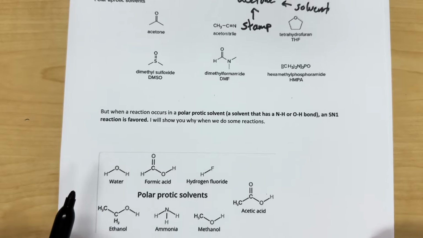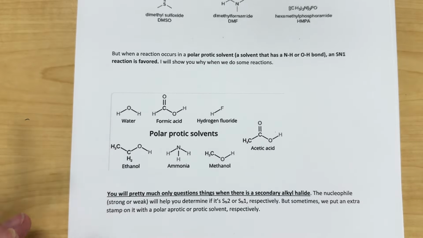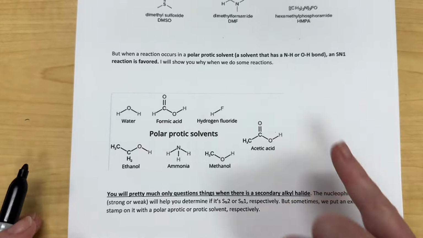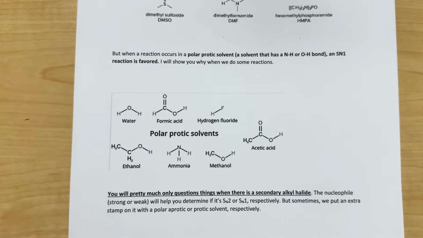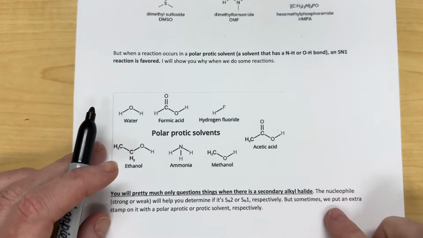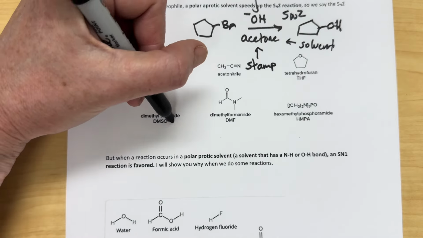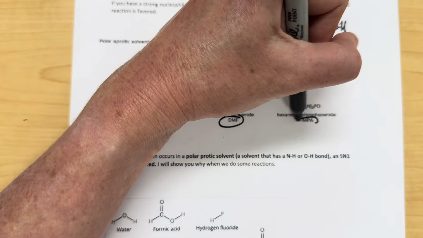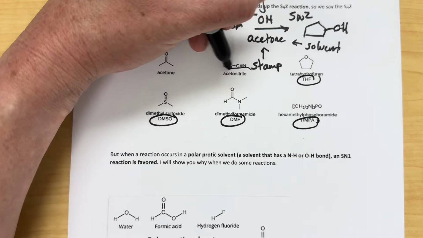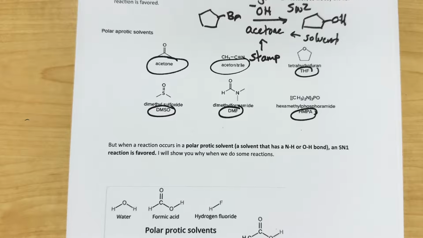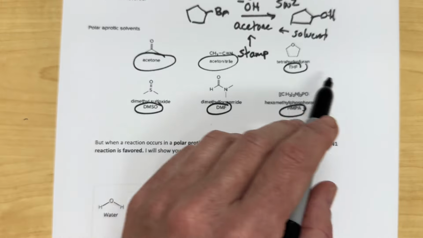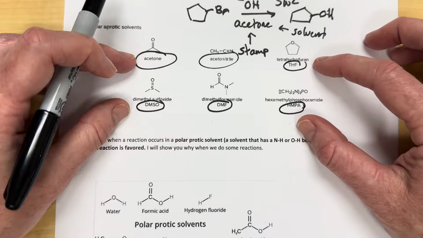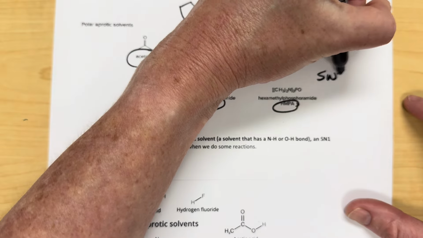But when a reaction occurs in a polar protic solvent, that's pretty much anything that's got hydrogen bonding going on, so something with an NH or an OH, then an SN1 reaction is favored. So here are some examples. The good news is these up here, pretty much anytime you have an acronym or an initialism, I think is actually the correct term, anytime you have something up here, it's going again via SN2.